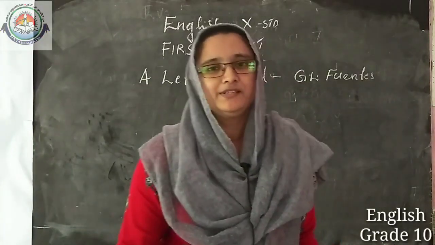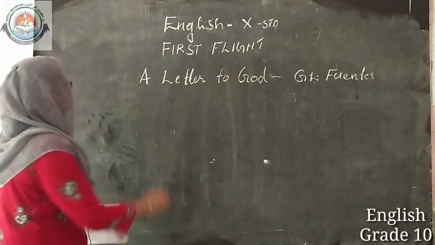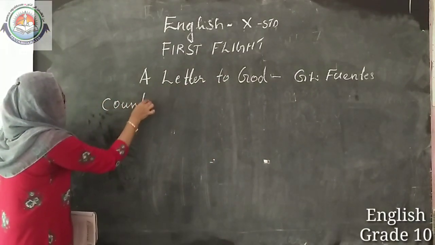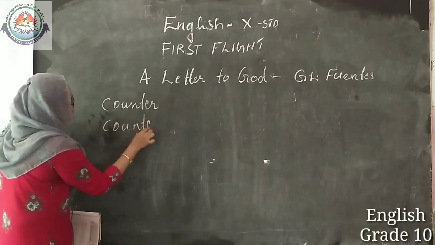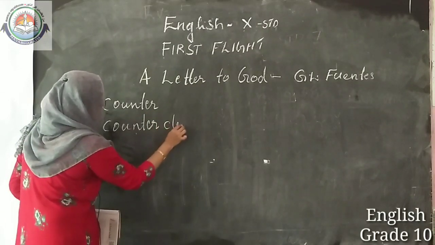It's related with this money order form. They are, first one, counter, counterfoil, counter clerk. Let's write counter clerk.